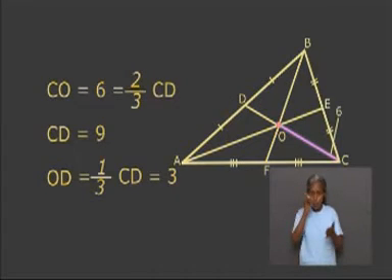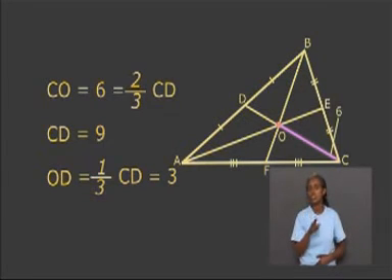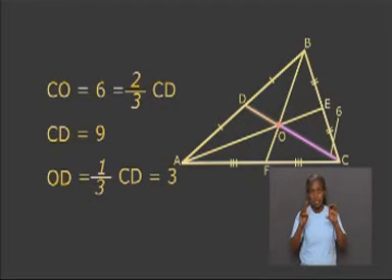We know that CO is 6. Since that is equal to 2/3 of CD, CD is equal to 9. OD is equal to 1/3 of 9, which is 3.